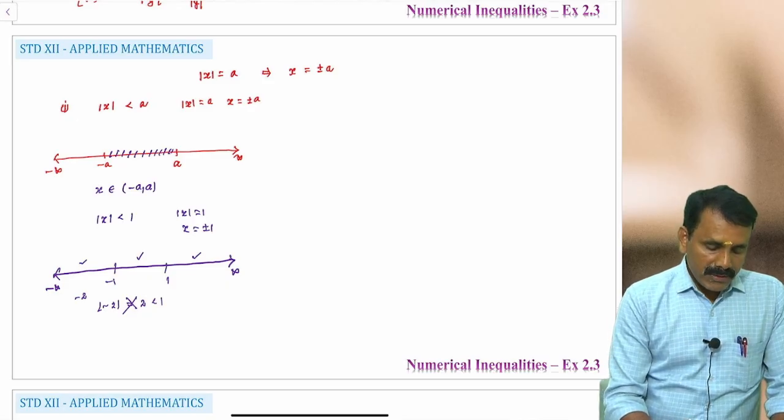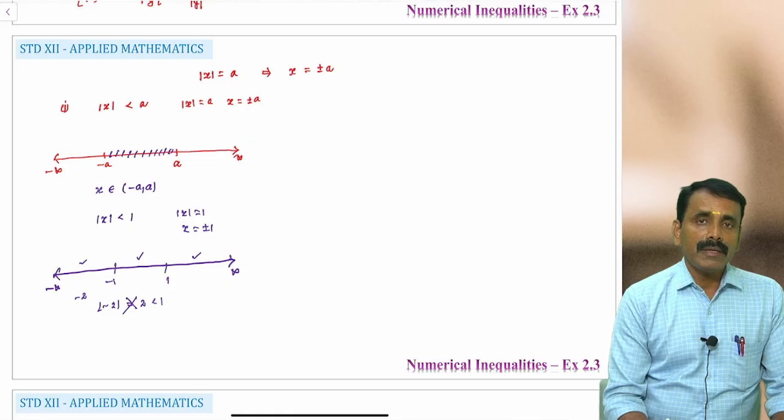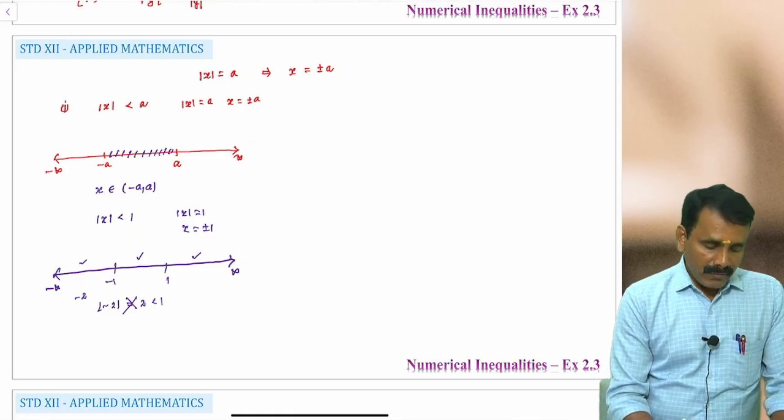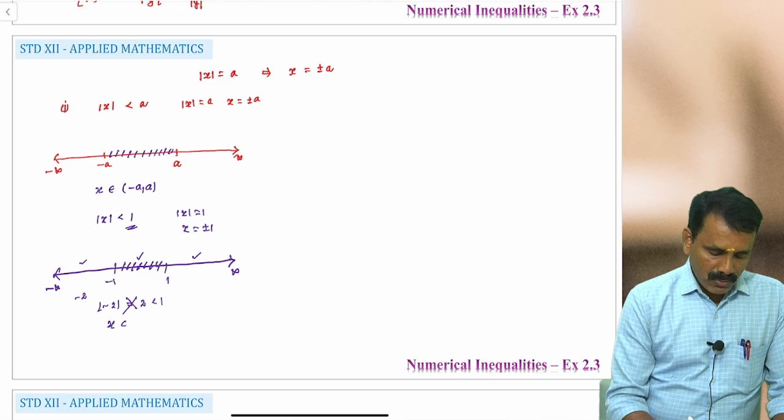Now if you take the same condition from 1 to infinity, if you take 2, again modulus of 2 will be equal to 2, which is greater than 1. So we conclude whenever it is less than some particular value, it is going to lie within the interval. So your x belongs to inside minus 1 and plus 1.